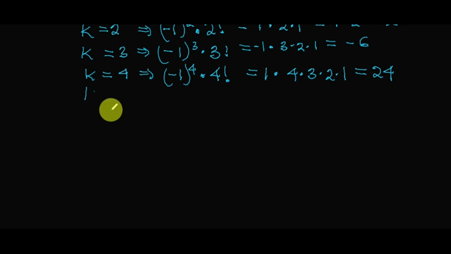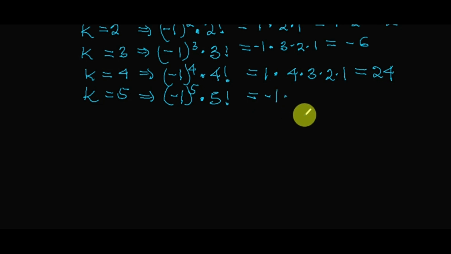So let's look at where k equals 5. This implies we have minus 1 raised to the power 5 multiplied by 5 factorial. So minus 1 to the power 5 will give us negative 1, multiplied by 5 factorial, which is 5 times 4 times 3 times 2 times 1.